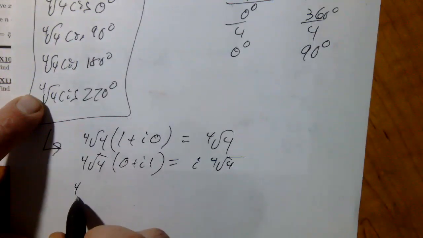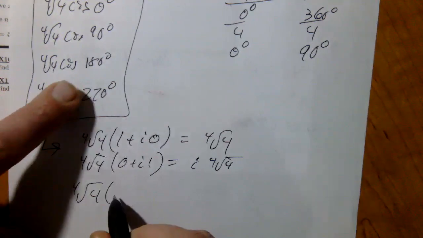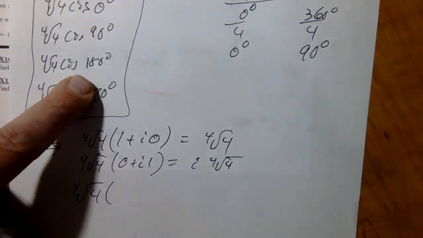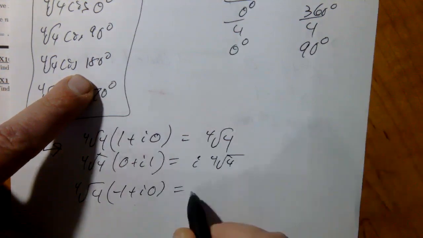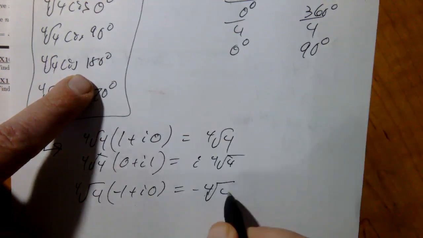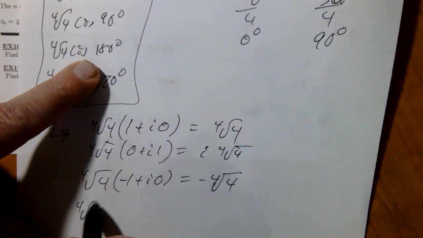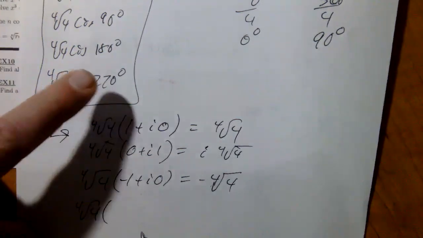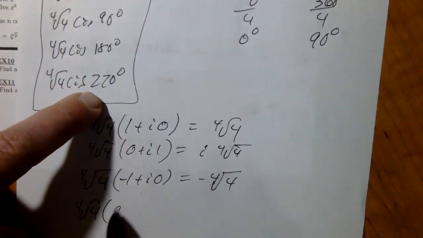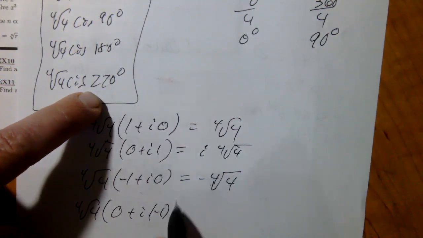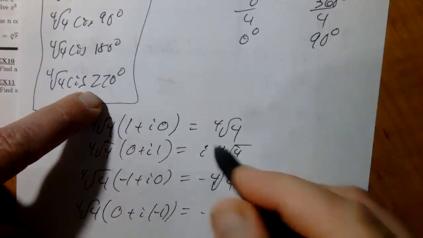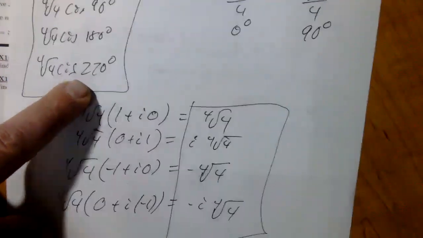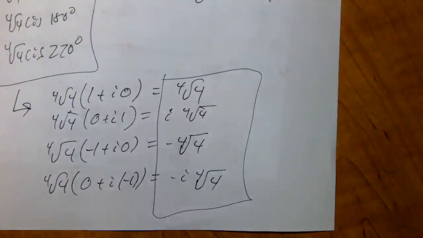And then the fourth root of 4 times cosine of 180, that's to the left, so that'd be negative 1, and then the sine is 0. So basically this would be negative fourth root of 4. And then last one here, cosine of 270 would be 0, but the sine is negative 1. So basically this would be negative i times the fourth root of 4. So in rectangular form, there you go.